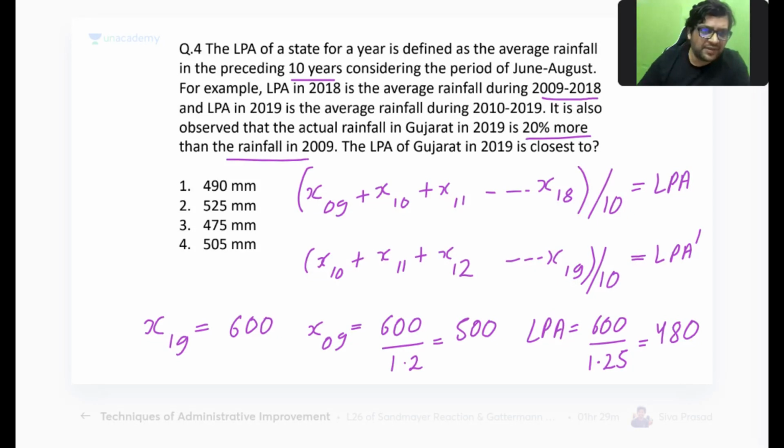So now I have all these values. Think about it. I have LPA, I have 2009, I have 2019, and I'm asked for LPA dash. How do I find that out? These are the values that I have. तो अब मैं क्या करूंगा, कैसे निकालूंगा, कौन सी वैल्यू को कैलकुलेट करने की कोशिश करूंगा? What am I going to do? Can you tell me?